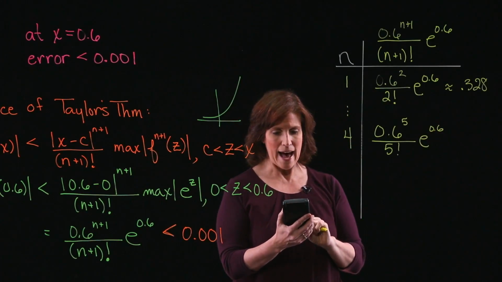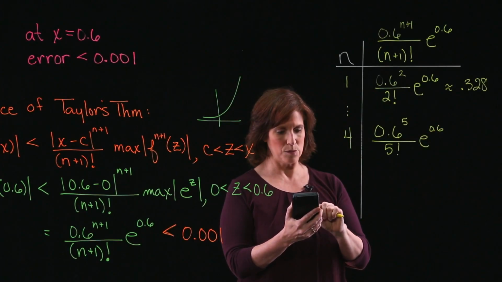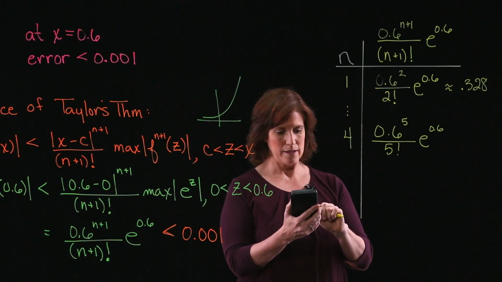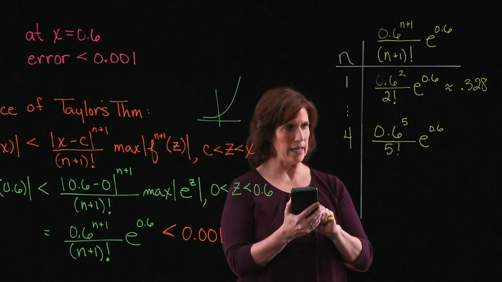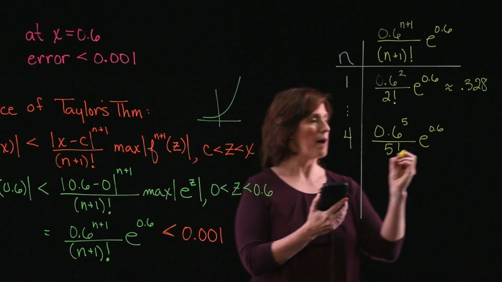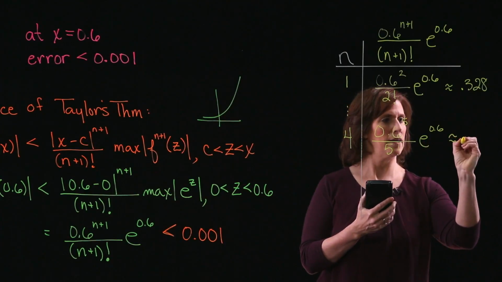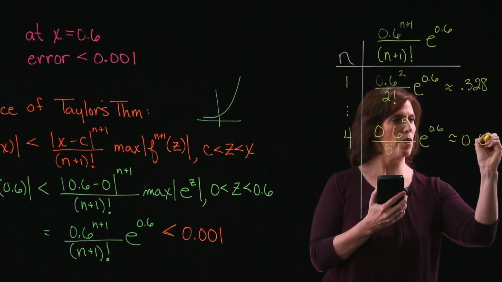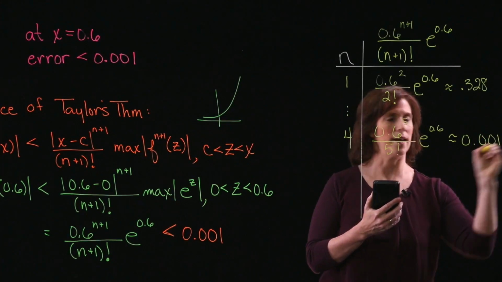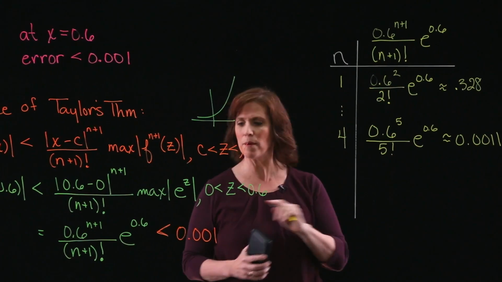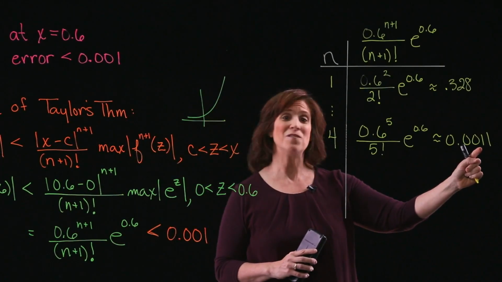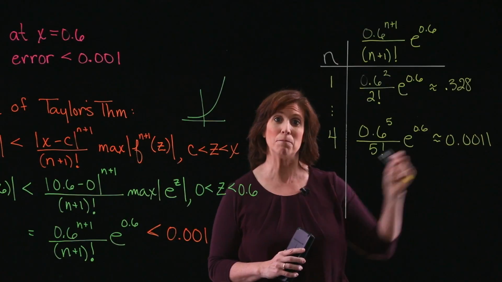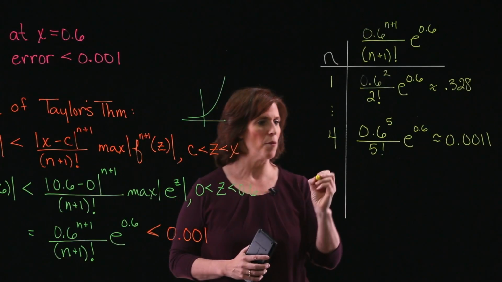And if I calculate that, I'm going to get approximately 0.0011. All right, now remember, I need this to be less than 0.001. That's very close, but this number is still bigger.